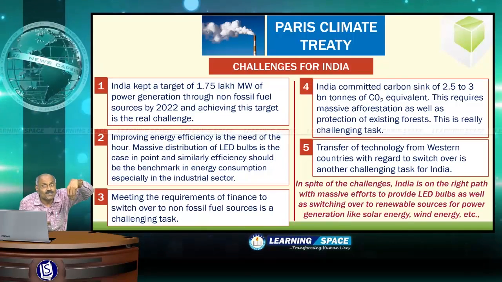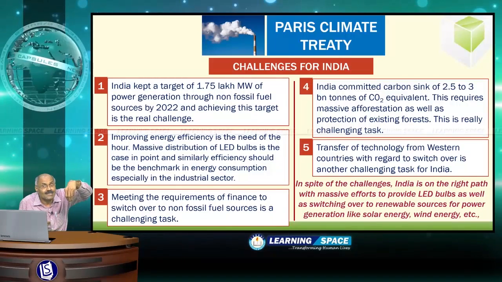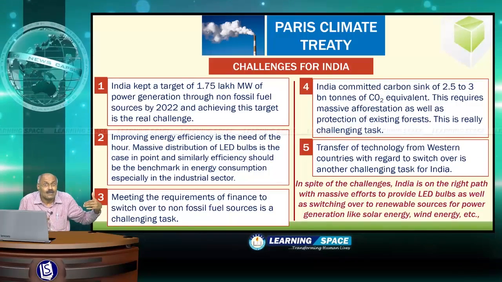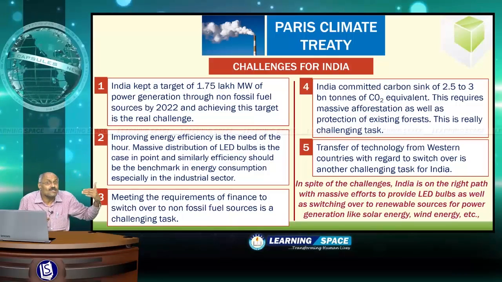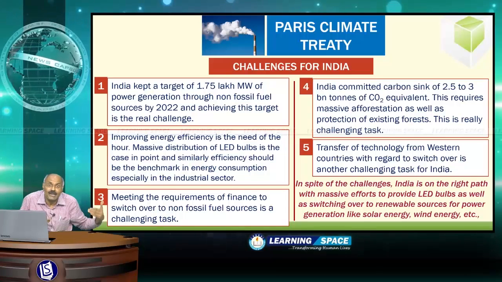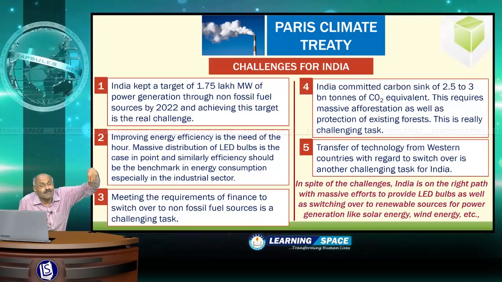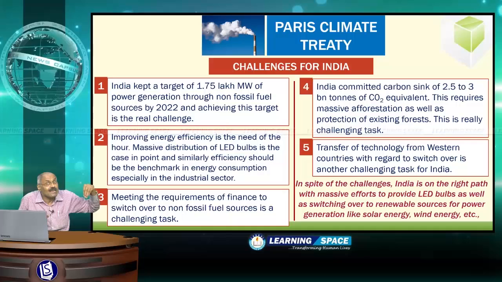Energy efficiency measures have already been introduced if you look at the usage of power for domestic purposes, but the biggest point here is how to ensure energy efficiency in the industrial sector. That is the most important point. And another important aspect is meeting the requirements of finance to switch over to non-fossil fuels, which is a challenging task.